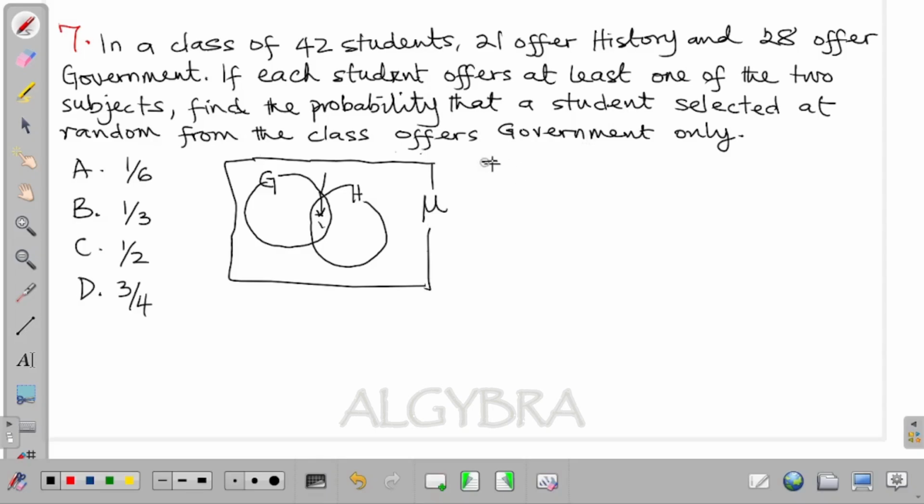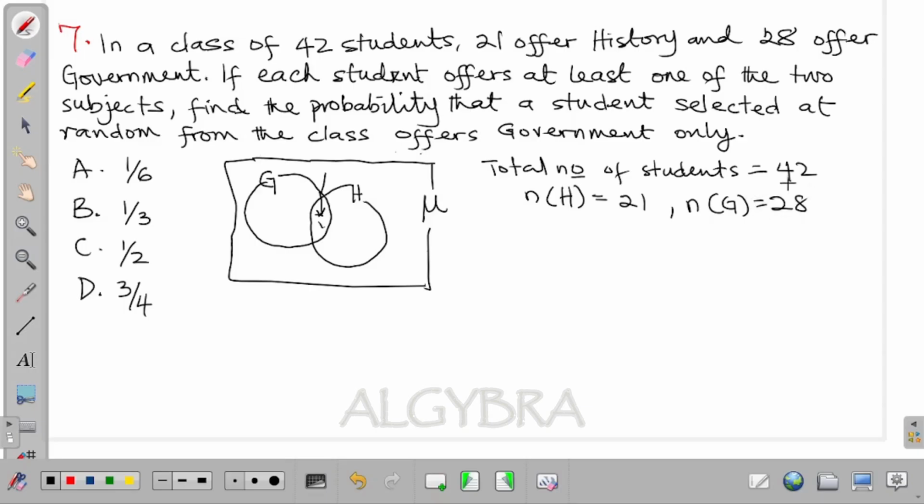Okay, so let's write out what we have here. The total number of students is equal to 42. The number of students offering history is 21, as given in the question. The number of students offering government is 28. Now, they said that each student offers at least one subject.